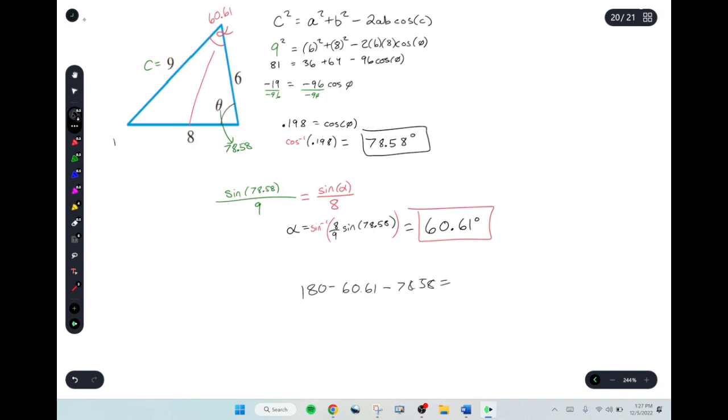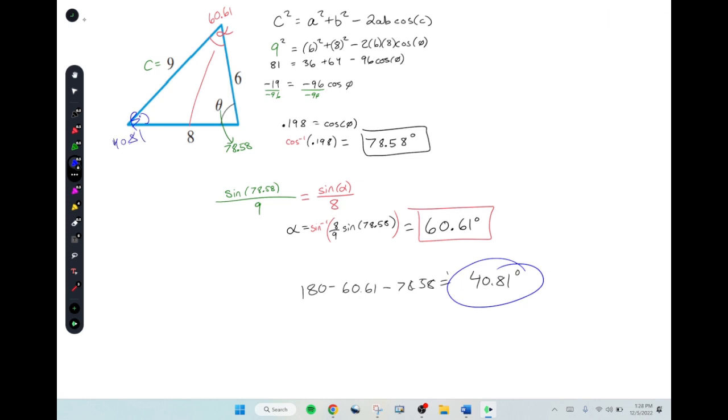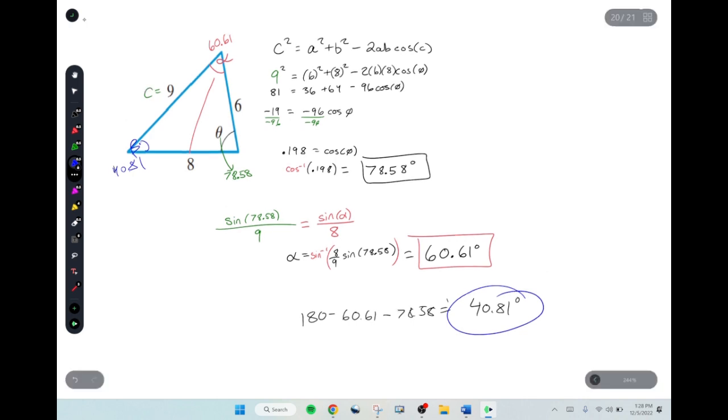Doesn't matter which order you do it in. You would get something like 40.81 degrees. You should call that beta. You add all those up, you should get 180. And that is a completely solved triangle.